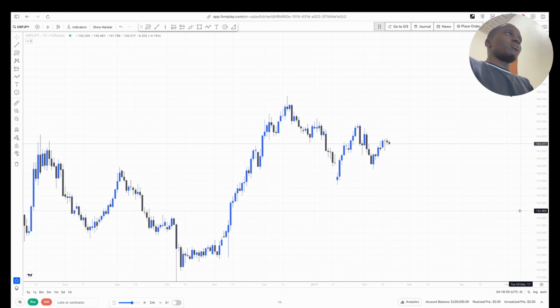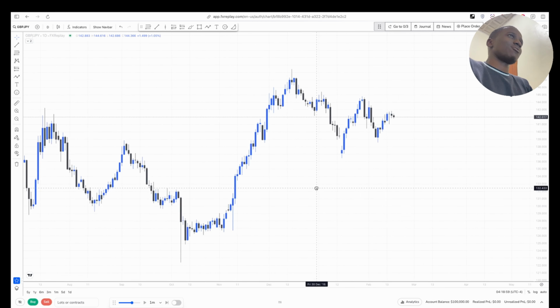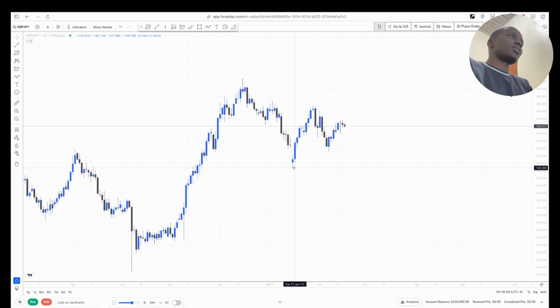So simply, what do we see right here? Let's mark up some important levels first. We can see this low right here, sell side. We've got sell side right here. You can also see we've got buy side, but we can mark this one since it's the nearest. Okay, this is buy side liquidity, this is buy side, this is sell side.